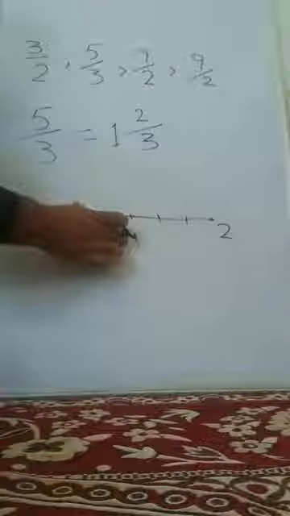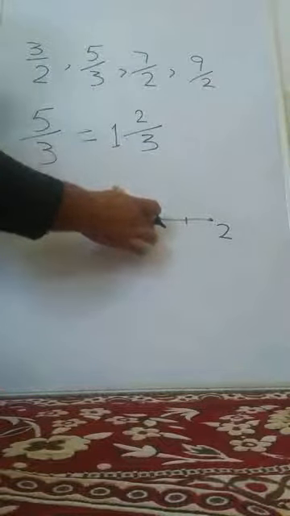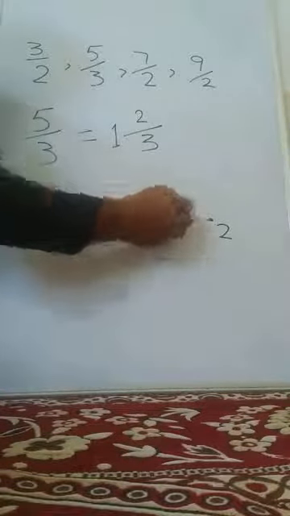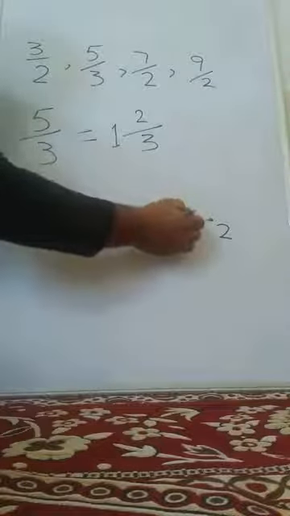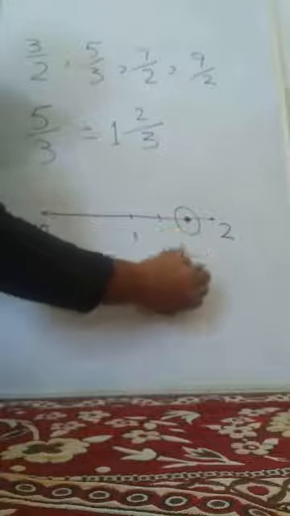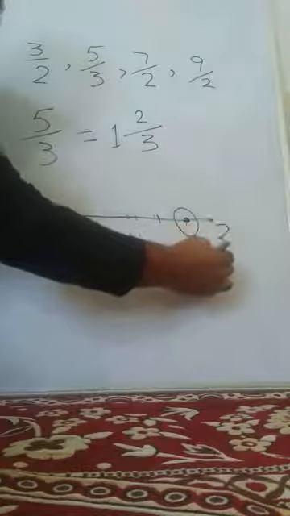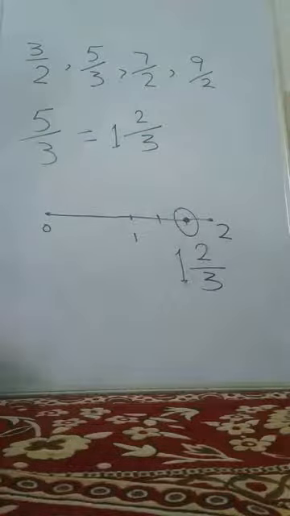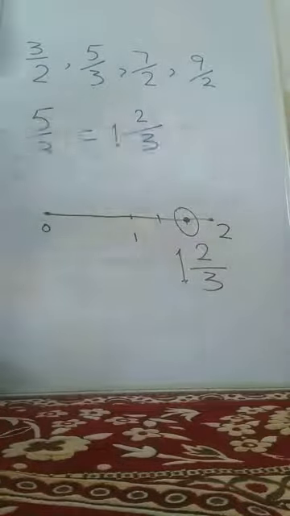This point is 1, this point is 1 by 3, and this point is 2 by 3. Now from 0 to this point is 1 and 2 by 3.